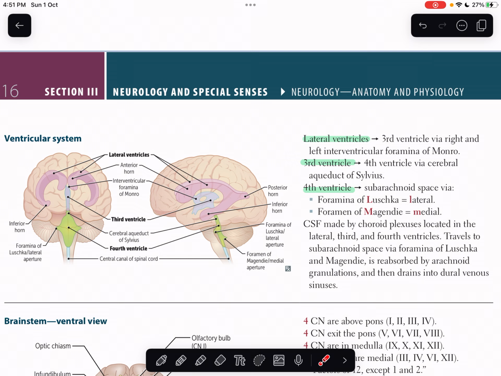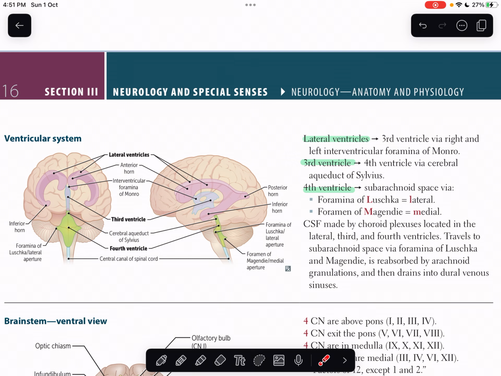So where is the interventricular foramen of Monro? Here, these structures are the interventricular foramen of Monro. So whenever there is an MCQ asking from where the lateral ventricles go into the third ventricle, it is first into the interventricular foramen of Monro and then into the third ventricle.